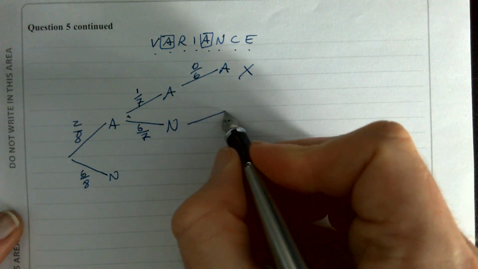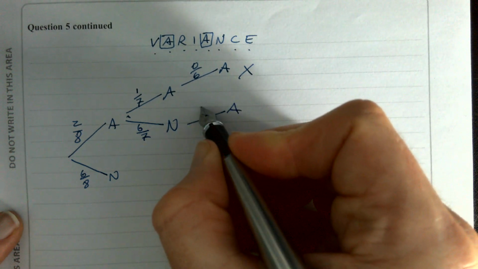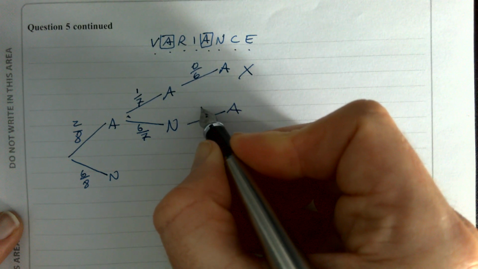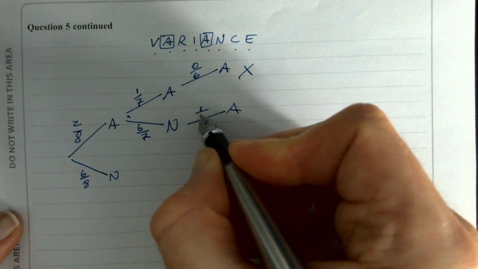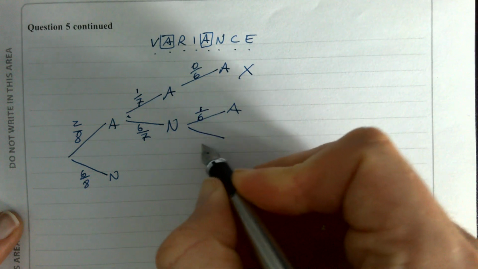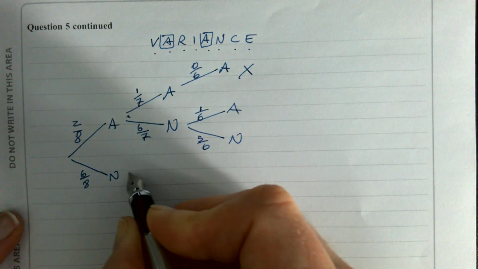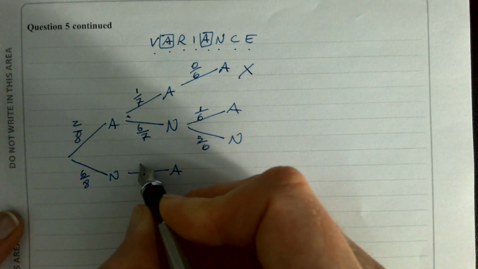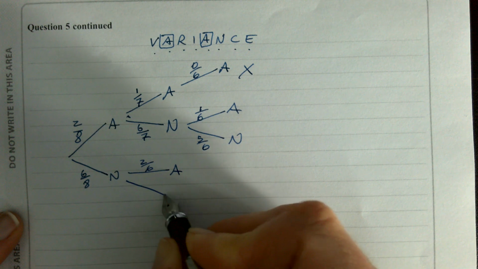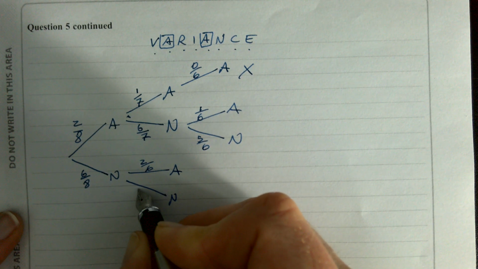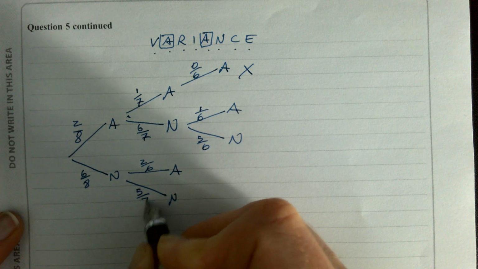But then you could have a second A by being 1 left out of 6, and 5 left out of 6 being not, and then you could have 2 out of 6 if you hadn't had any first time, and it would be 5 out of, why did I say 6?